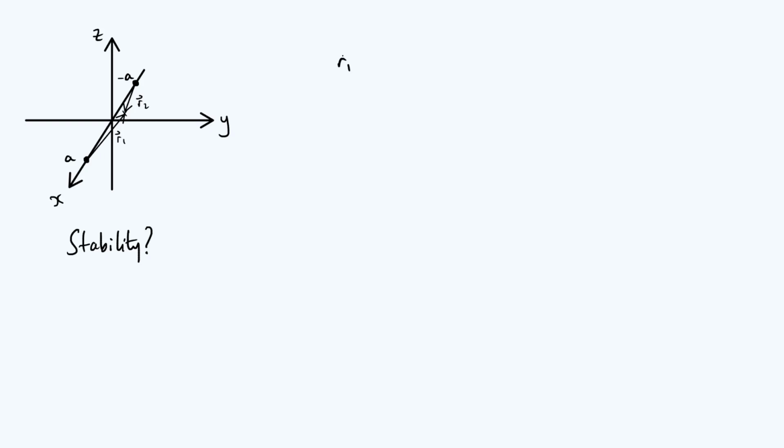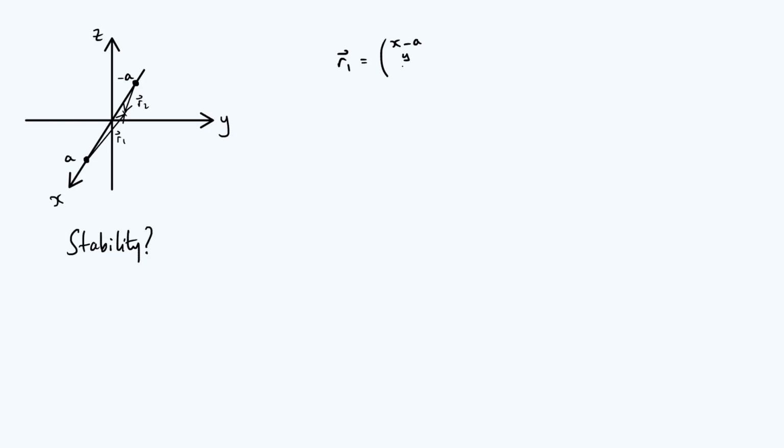So r1 is a vector that goes from (a, 0, 0) to some arbitrary point. Let's just call it (x, y, z). Because it goes from (a, 0, 0) to (x, y, z), the x-coordinate is just going to be the difference in x-coordinates between those 2 points. So it goes from a to x, so it's x minus a. And then the y and z components are going from 0 to y and from 0 to z.